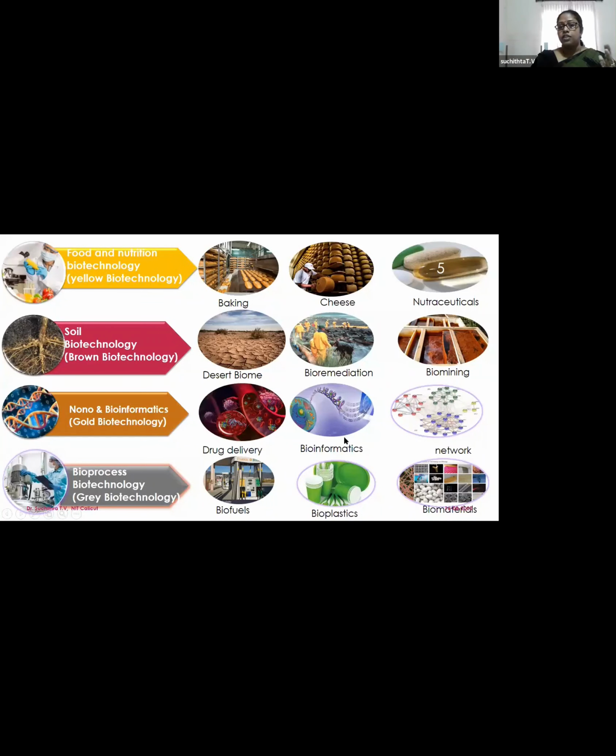And next is bioinformatics. Now you may know about the human genome project. Like that, not only in human studies, many organisms are explored for knowing their genetic basis, and in these things we can do molecular gene sequencing and everything, and it can be analyzed with the help of computational biology, and we will get a very good idea about how it will be interrelated and everything we can study with the help of network analysis and all.